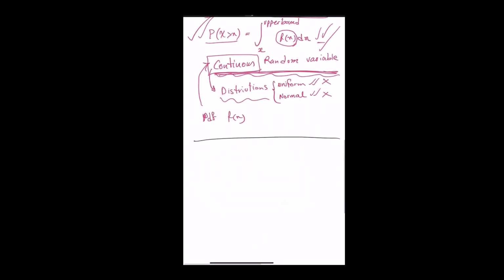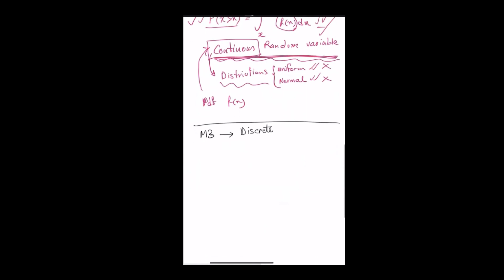So remember, in module 2, we learned about discrete random variables, and in module 3, we learned about continuous random variables.